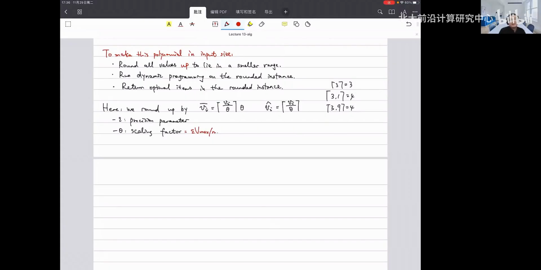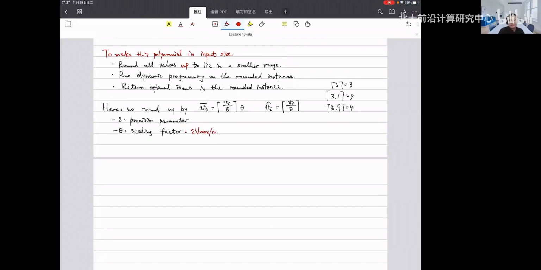The epsilon is up to our choice. N is known as the input from the problem, and V max you just check what it is. So calculating this scaling factor is quite straightforward. We are later going to see why we choose this specific value of the scaling factor.